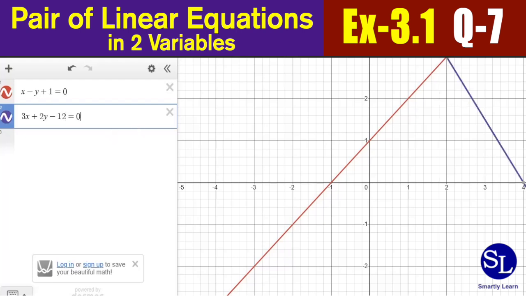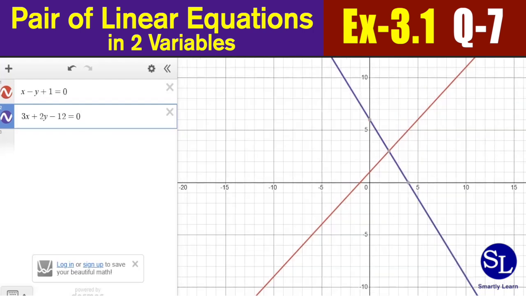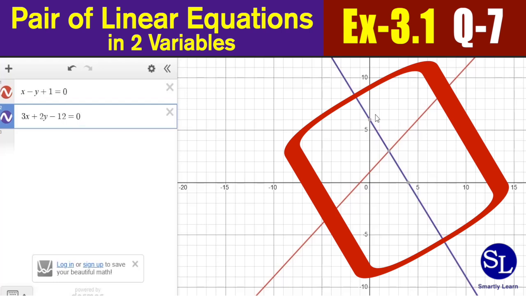Now let's zoom in to see what kind of lines they are and where they are actually intersecting. So if you see, this is 6, 0. See the point of intersection, it is 2, 3, and this point is going to be 4, 0. This point is 0, 6. So because it is an online tool, they have given different color codes for these 3 points.